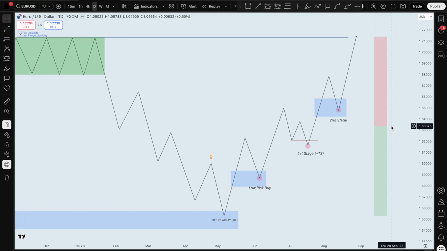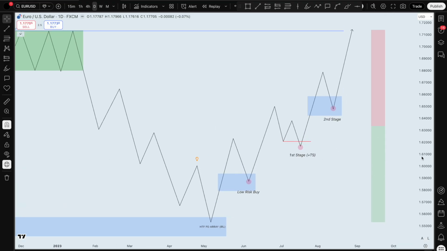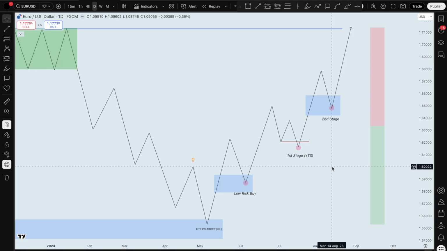Now, the equilibrium here, you can see that the lowest buy and the first stage are below the equilibrium, so in discount, right? What's going to happen on the market is that you're going to see first stage being created, and then price will displace higher aggressively around the equilibrium, okay?